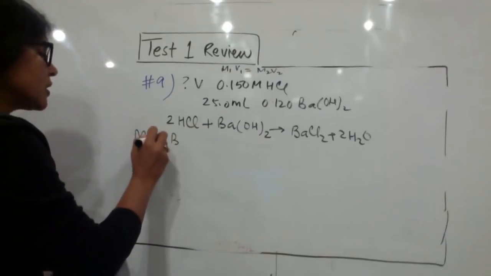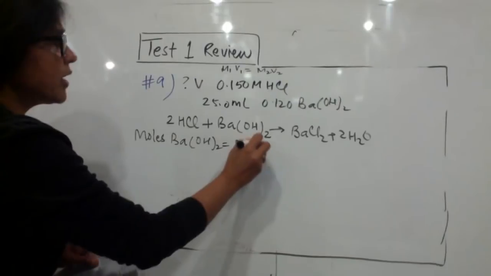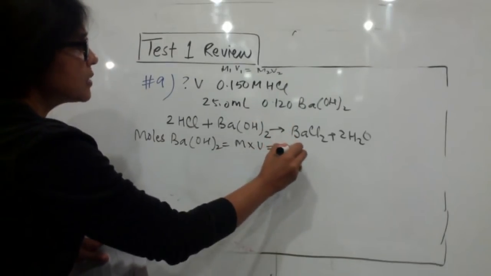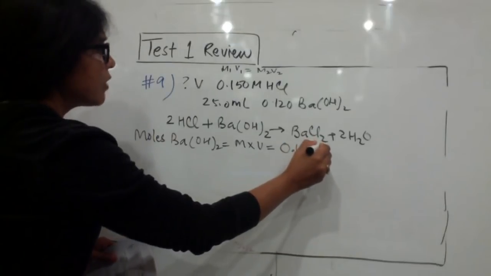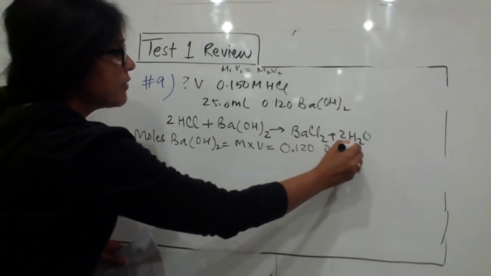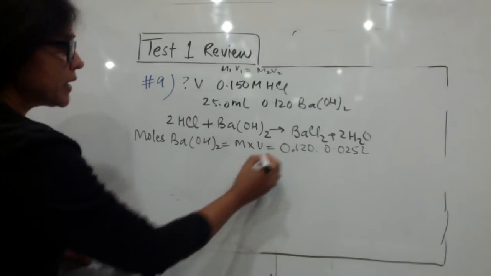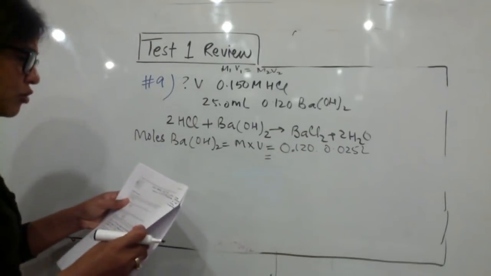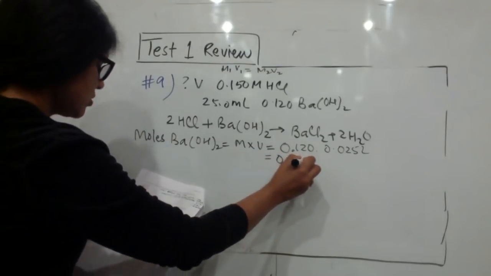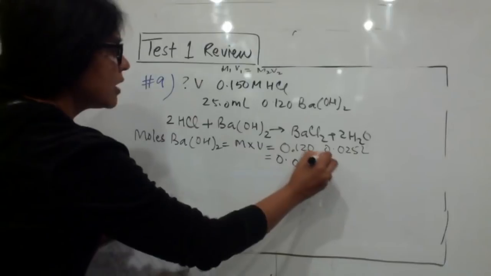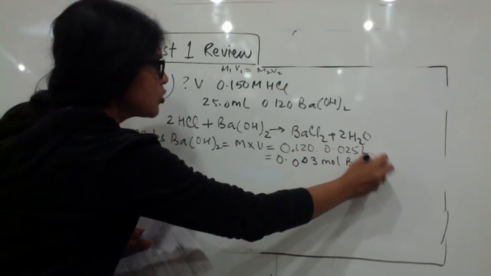So moles of barium hydroxide will be M times V. Molarity is 0.120 and volume is 0.025. So guys, if you're writing molarity, that is moles per liter, your volume should be in liter as well. And when you do that, you get 0.003 moles of BaOH twice.